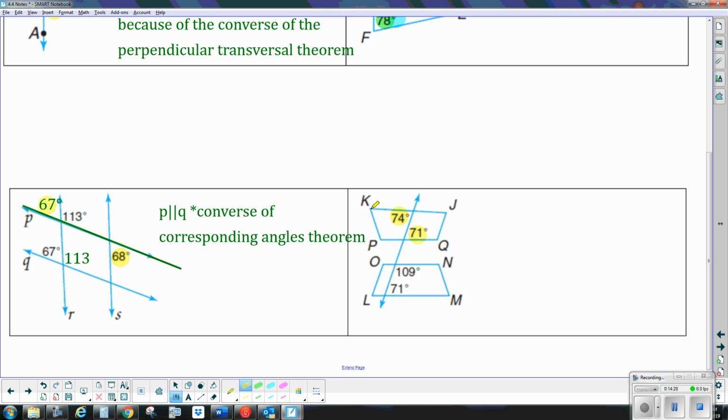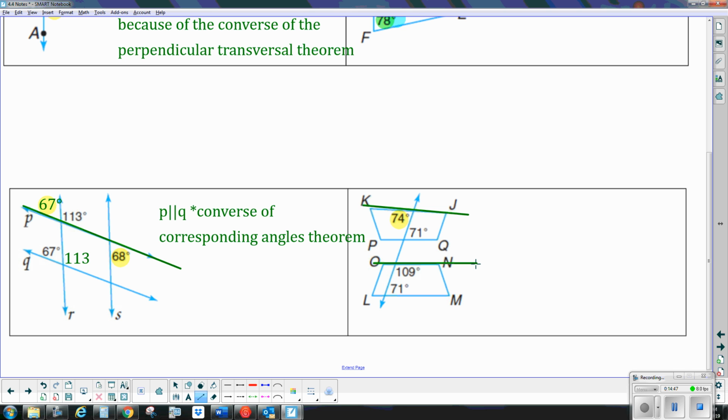So now let's look at KJ and ON. I'm just going to make my way down the line. So KJ and ON, are these parallel?